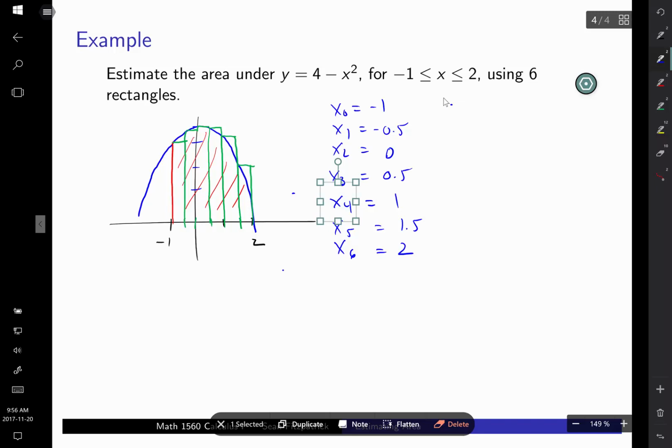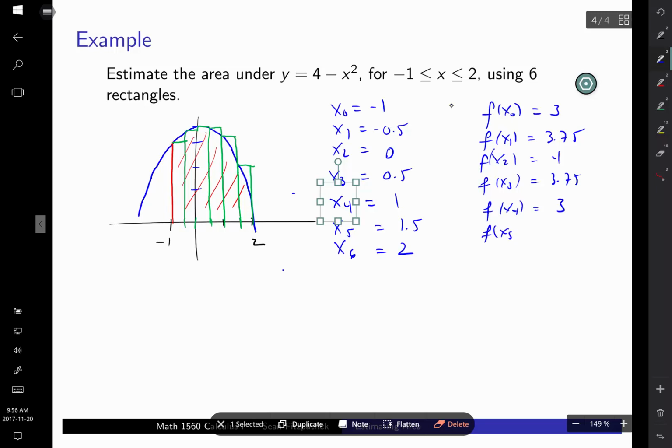So then I calculate f of x0. I get f of -1 is 3. I calculate f of x1, and I get 3.75. F at x2 is 4. F at x3 is 3.75. F of x4 is 3.